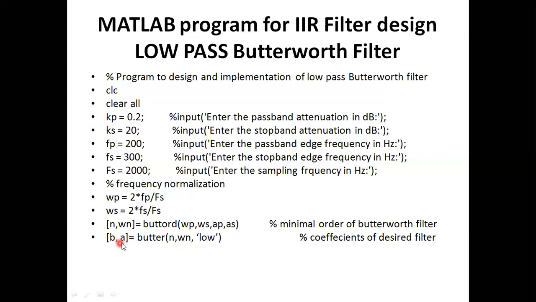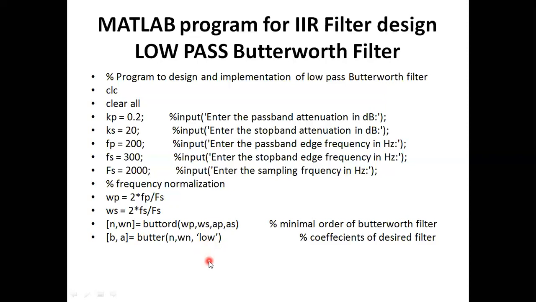Next, find the coefficients of the desired filter. So B is your numerator coefficient and A is your denominator coefficient. For finding the coefficients, the MATLAB command is butter, because we are designing the Butterworth filter. In bracket you need to write the order, cutoff frequency, and which type of filter you are going to design. Let's say if you are designing a low pass filter, write here low.